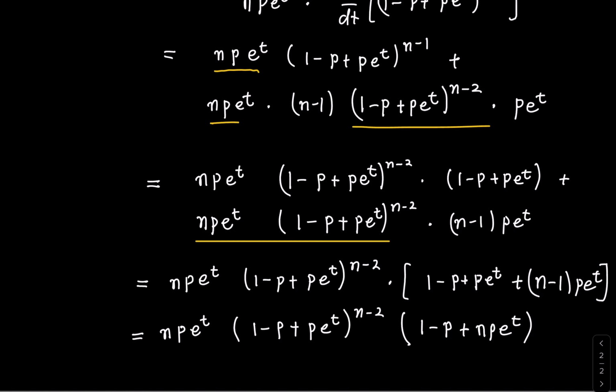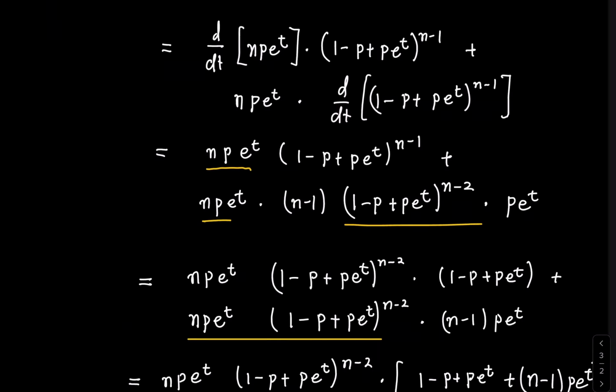Now it's time to calculate the first and second moments. So let's see if we can do that. Now going back here, the first moment of x, if you recall, the expected value of x, is the first derivative of the moment generating function evaluated at 0.